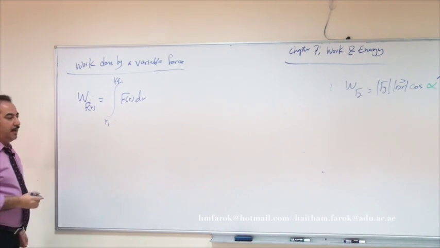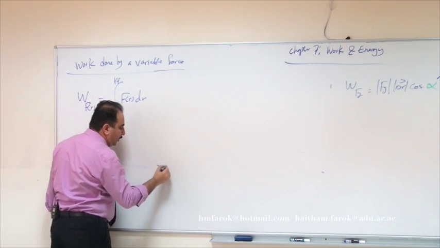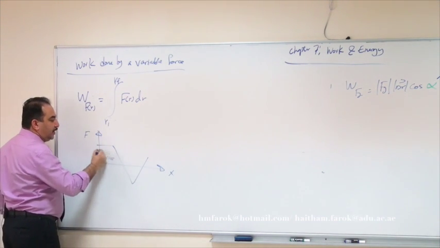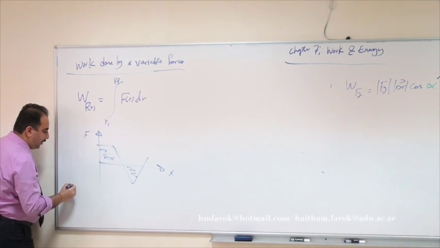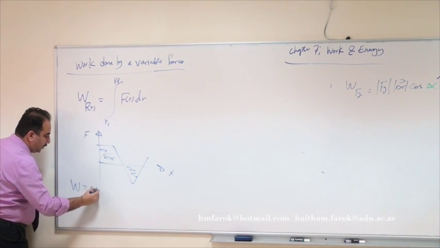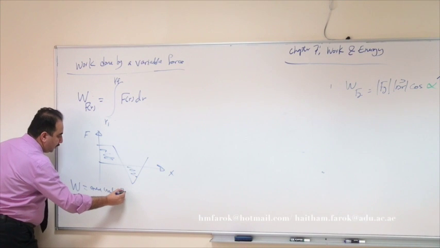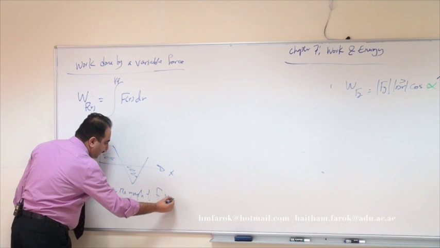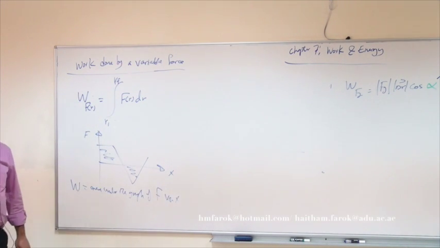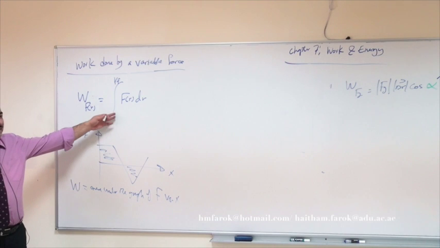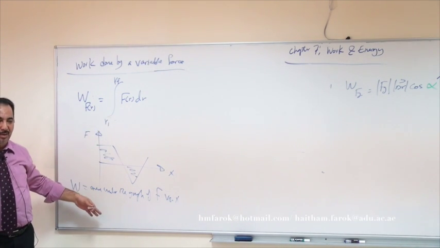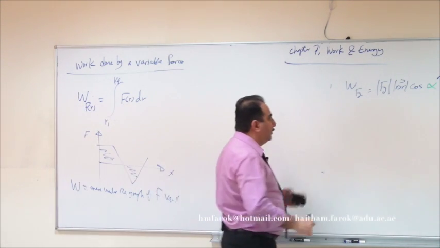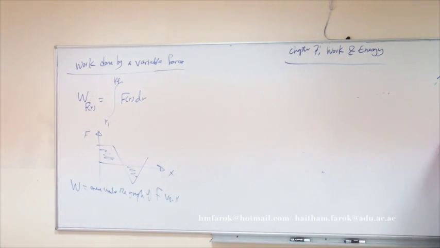And if it's a graph, like an XF graph, we say the area under the graph is W. Work is the area under the graph of F versus X. So whenever you have a variable force, you have to integrate the function, if you have the function, or find the area under the graph. Now, we have a variable force example. We'll talk about it now.